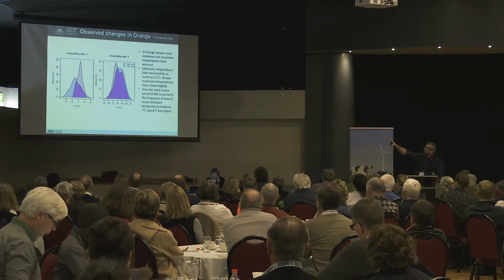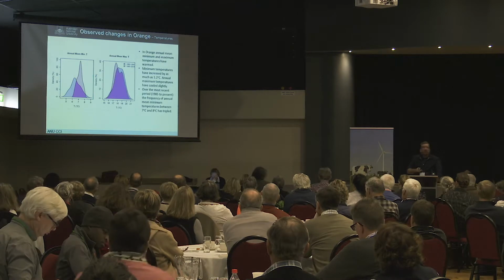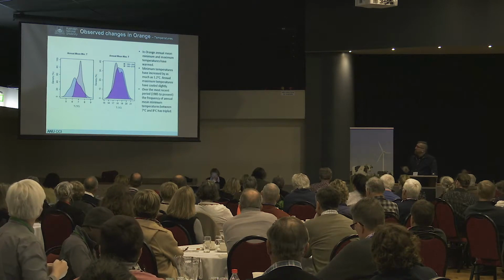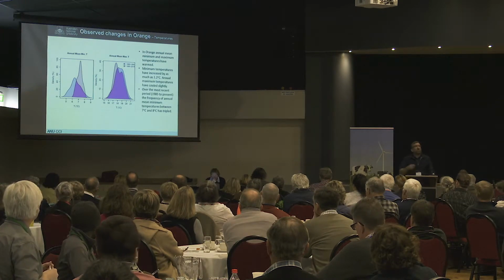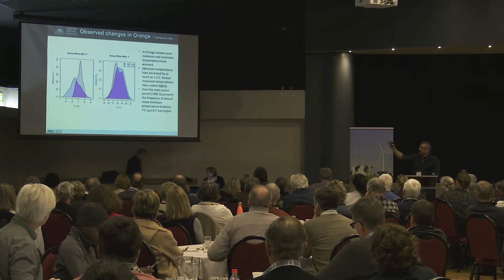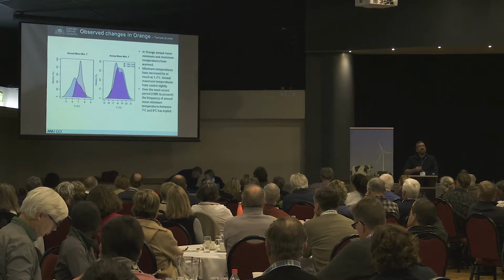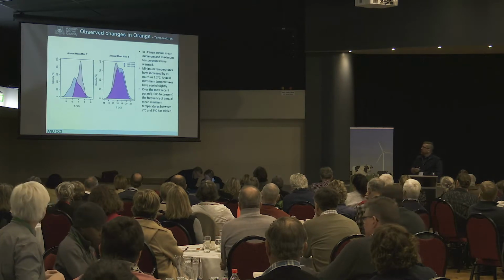The blue bell-shaped curves are 1960 to 1984, and the pinkish bell-shaped curves are 1985 to 2019. So what you can see is that the annual mean minimum temperatures for this Orange area have warmed. And in fact, temperatures of 7 to 8 degrees are now 3 times more likely than they were in the earlier part of the record.